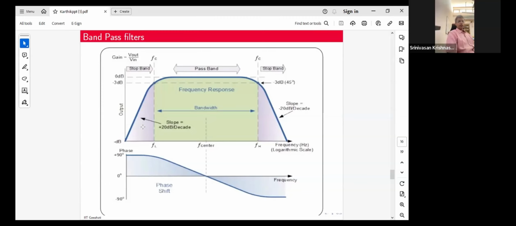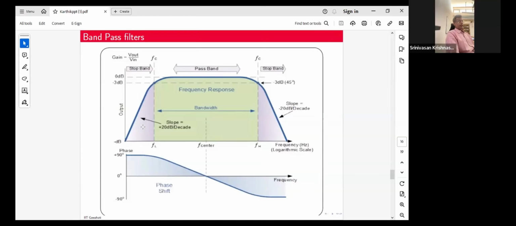Any transfer function that you design in continuous time can be converted to a transfer function in discrete time, and then that transfer function can be converted to a discrete impulse response.